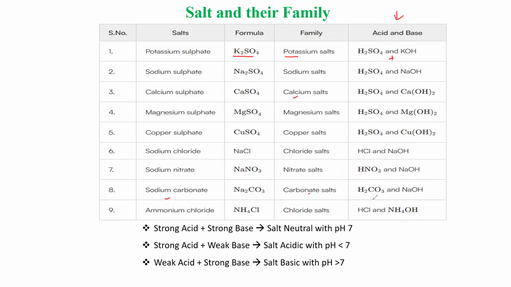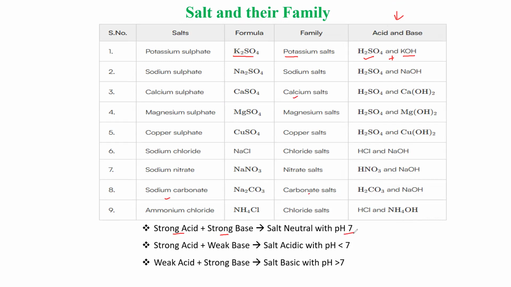Here you see who is going to dominate, and on the basis of that the name is given. Sometimes the name is given on the basis of the base, sometimes on the basis of acidity. The main concept here is that if a strong acid and a strong base react, they produce a neutral salt.